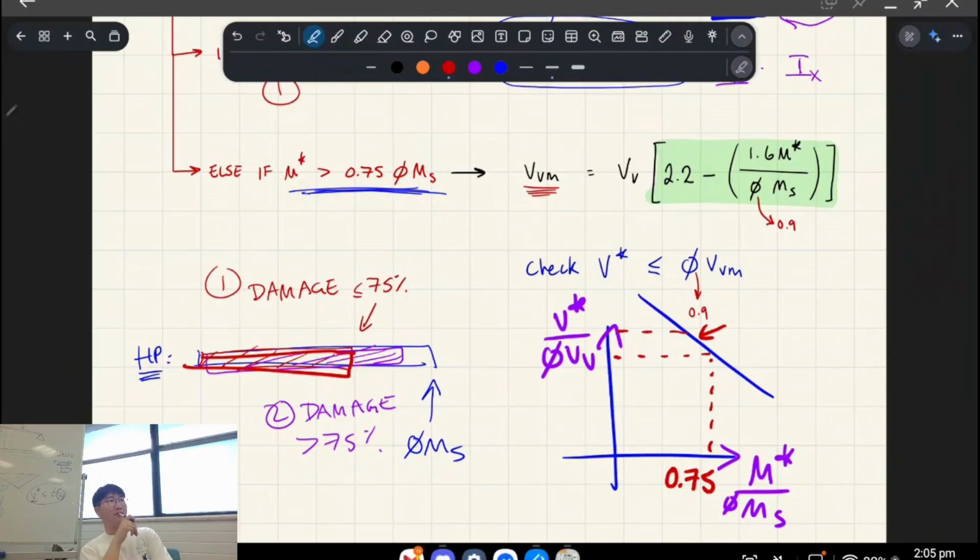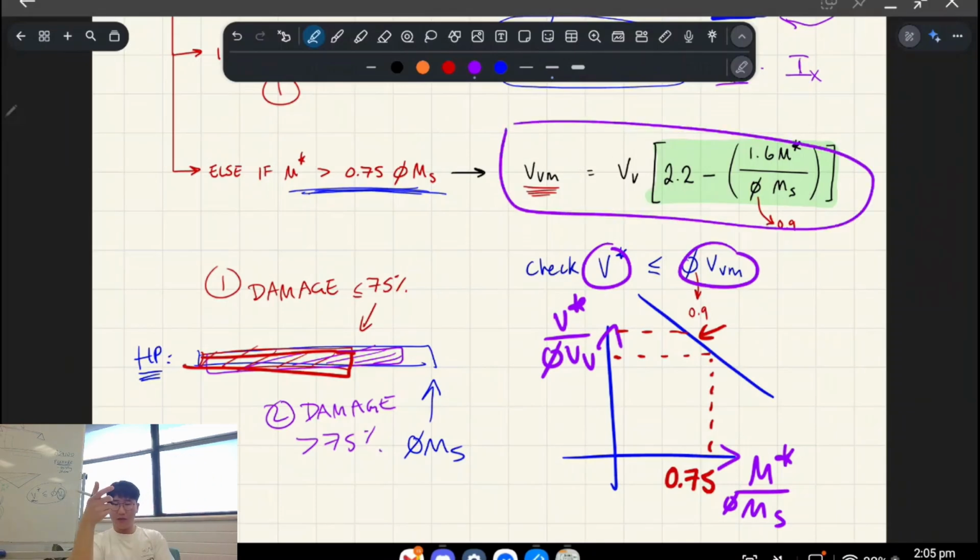Graphically, there's some way to represent it. You have to fiddle with this equation and this equation until it looks like this is the y-axis and this is the x-axis.